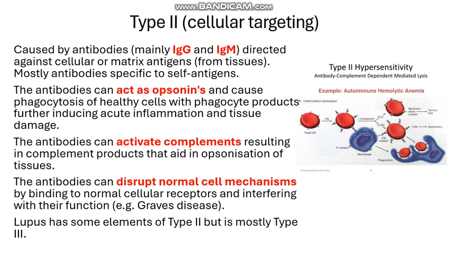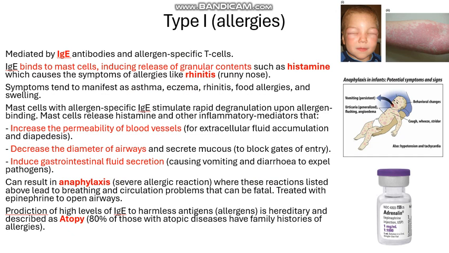But the main takeaway that I want you to have from this is that type 1 hypersensitivity responses are just caused by our B cells producing antibodies that are specific to harmless antigens that we call allergens. And these antibodies are just causing the regular kind of immune response, but we're having this regular immune response to stuff that is harmless to us. So it's just an allergy.